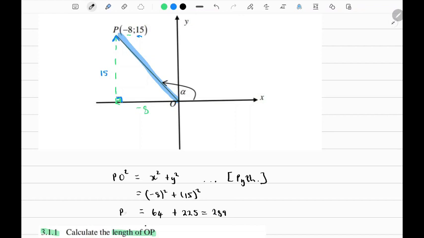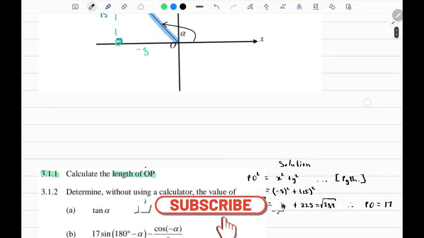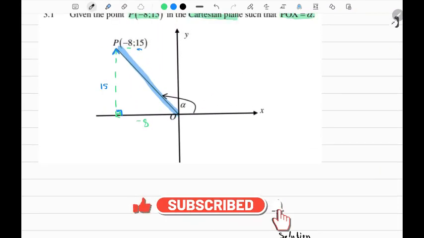So all this is equal to PO squared, but we're not looking for PO squared, we're looking for PO. So we can take the square root on both sides. So square and square root cancel. So therefore PO should be equal to the square root of 289, which is 17. So we can just note the length of PO on the diagram to be 17.